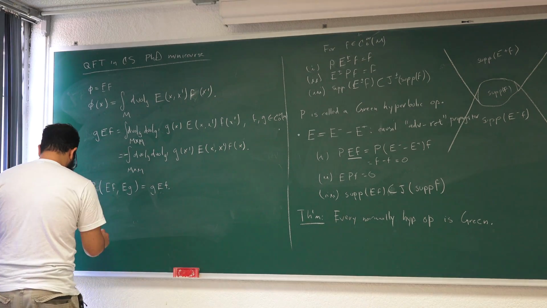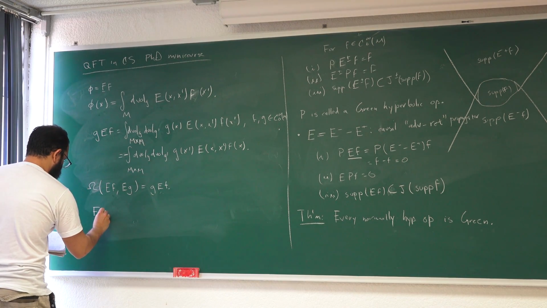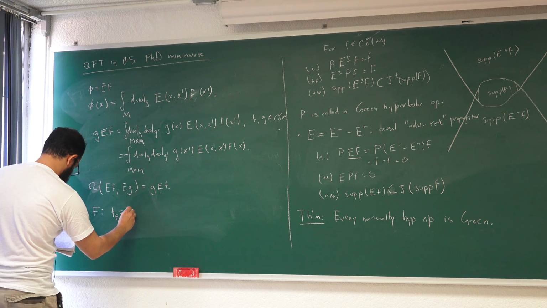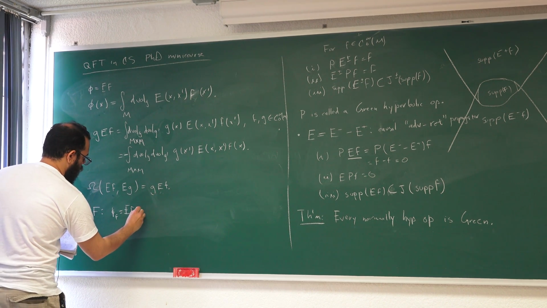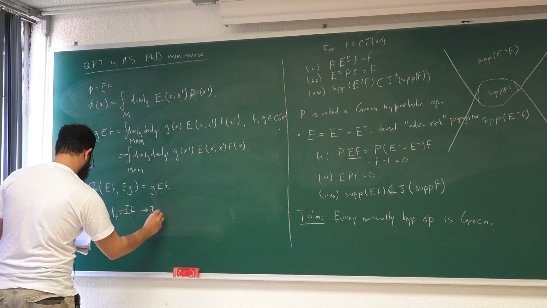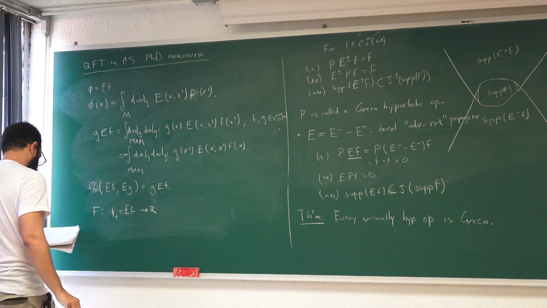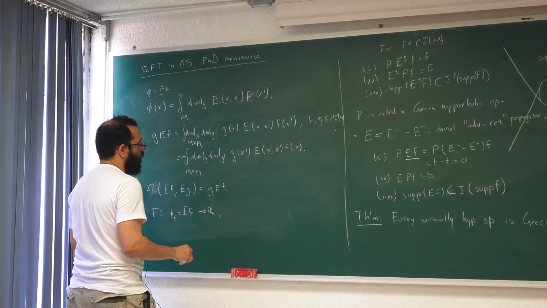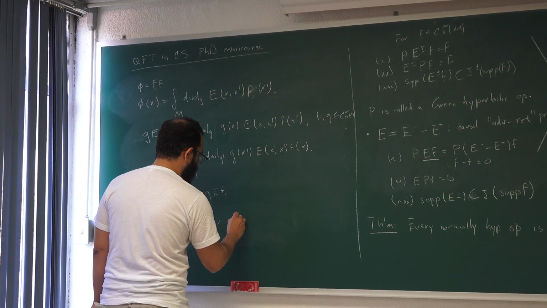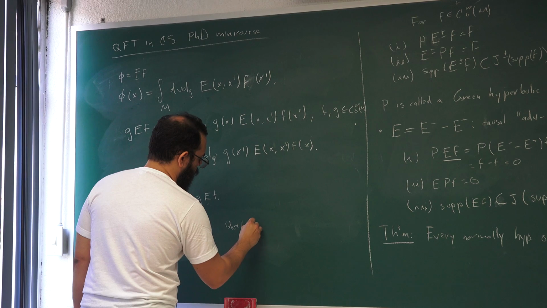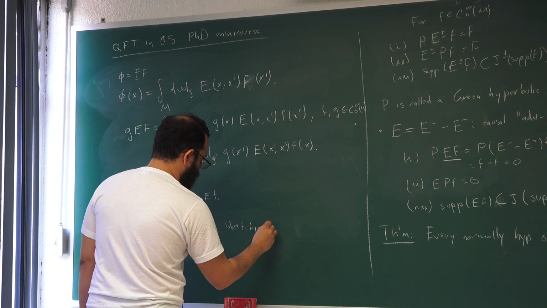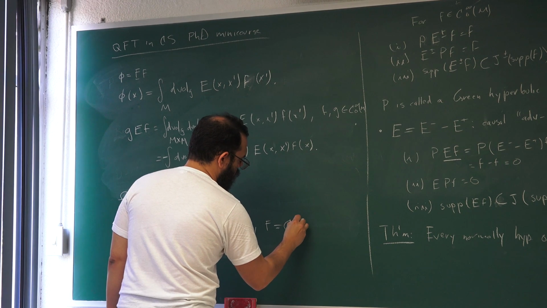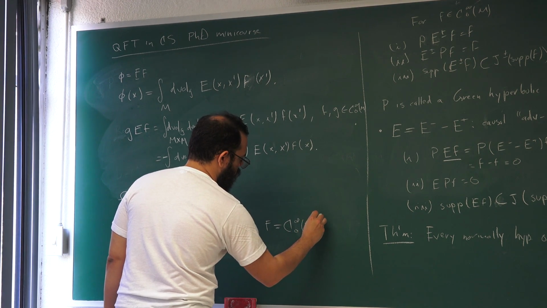Observables go from a solution E f to R. And I can identify them with smooth functions of compact support.